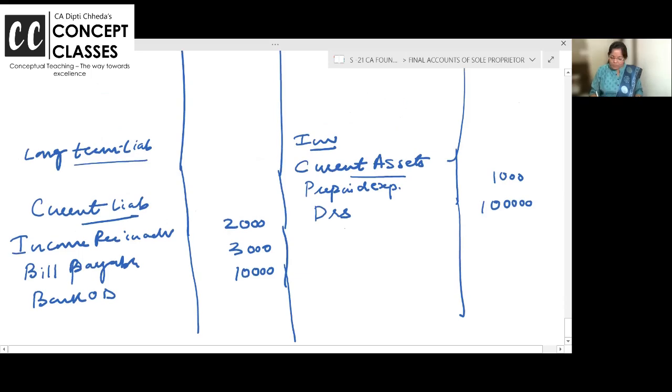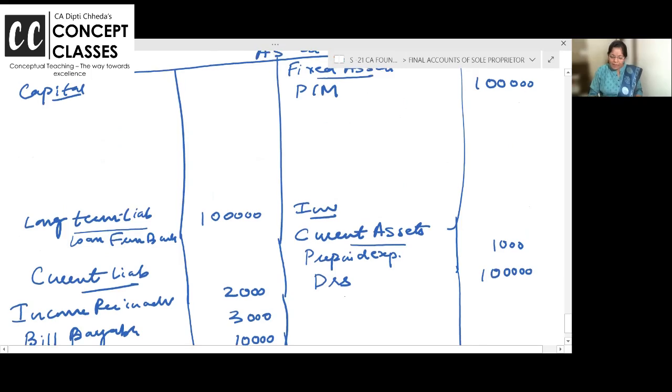Long-term loan, 1 lakh. In long-term liabilities, loan from bank. You can write if you want. Loan from bank, 1 lakh. Capital, 2 lakhs.